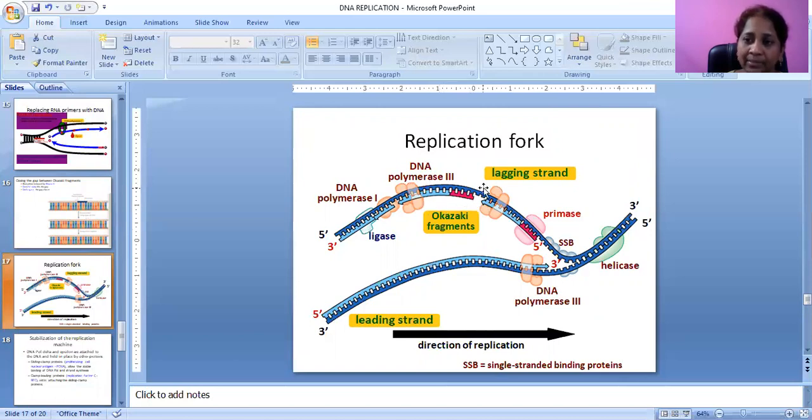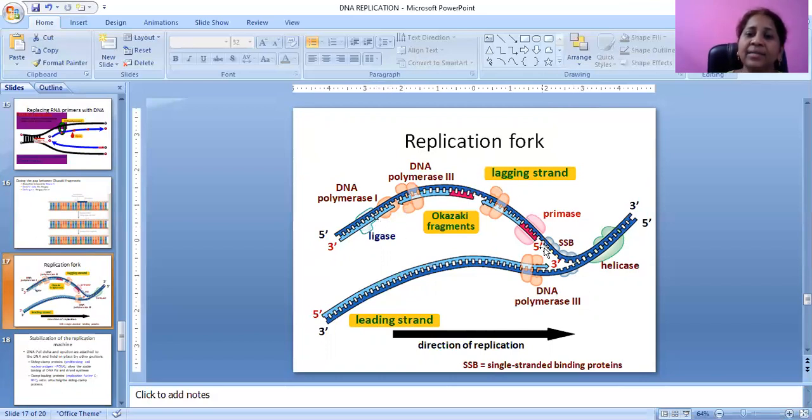Mismatches and mispairings will be corrected by DNA polymerase 1. After removal of the mismatch, the RNA primers will be removed and replaced by DNA nucleotides. That gap will be glued by DNA ligase.